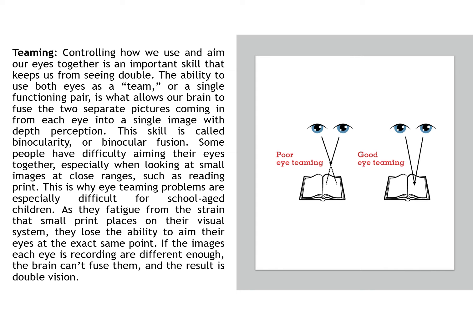Teaming. Controlling how we use and aim our eyes together is an important skill that keeps us from seeing double. The ability to use both eyes as a team or a single functioning pair is what allows our brain to fuse the two separate pictures coming in from each eye into a single image with depth perception.